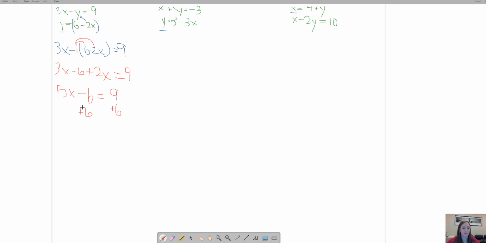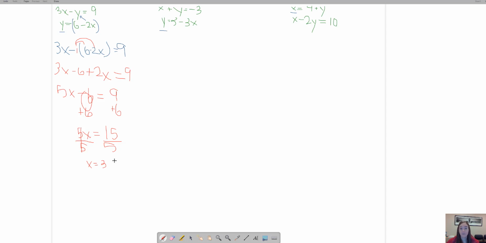Okay, so I'm going to add 6 there. So this is 0. So I'm going to have 5x equals 9 plus 6 is 15. Then this is 5 times x, so I do the opposite, which is to divide. So 5 divided by 5 is 1, so x equals 3.